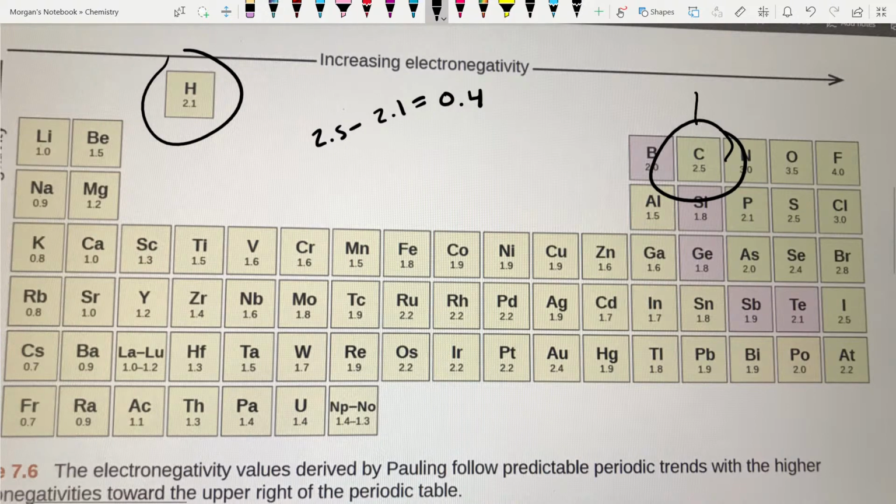For example, a bond between 2 carbons would be pure because there's no difference in electronegativity. There's no greater pull to one side or the other. It's split evenly. They have equal custody of that electron. Now, for the hydrogen and the carbon, the carbon being more electronegative is going to pull on that electron slightly more than the hydrogen, making it the smallest polar covalent bond.